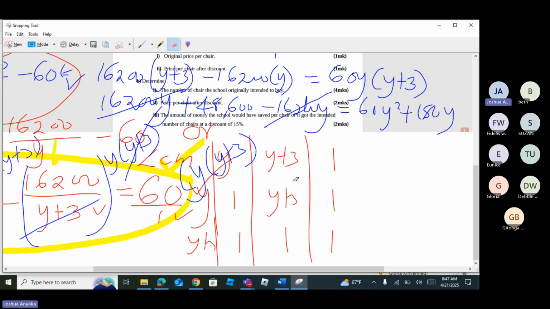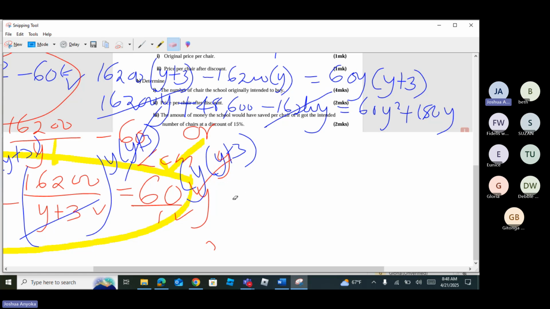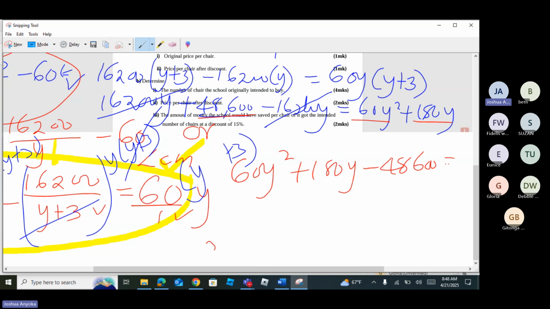So we remain with the equation that I want you to solve. We remain with 48,600, 60y, 60y, 180y. So let's start with the 60y squared plus 180y minus 48,600 is equal to 0.